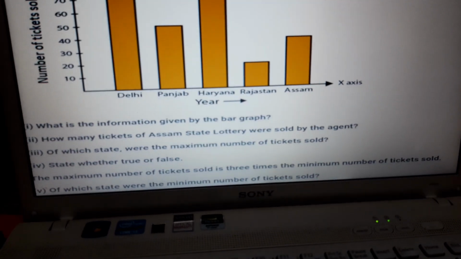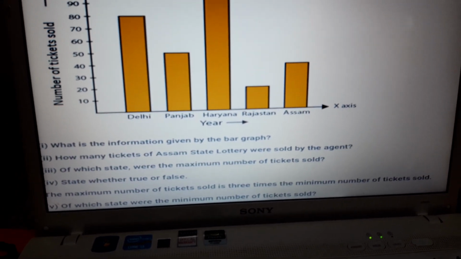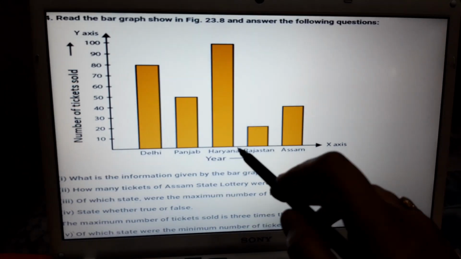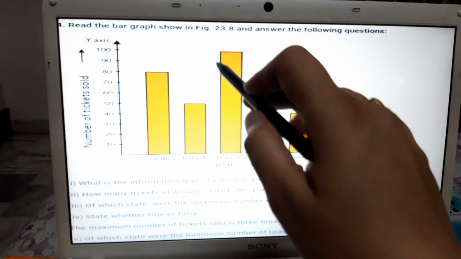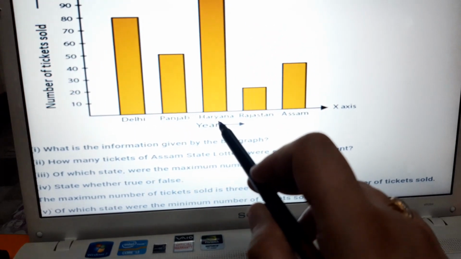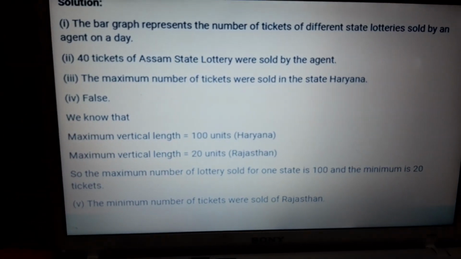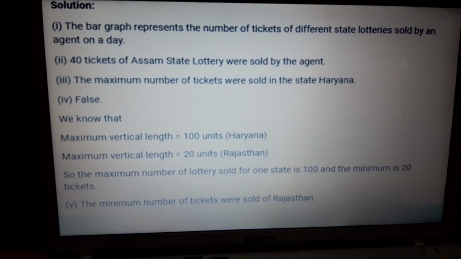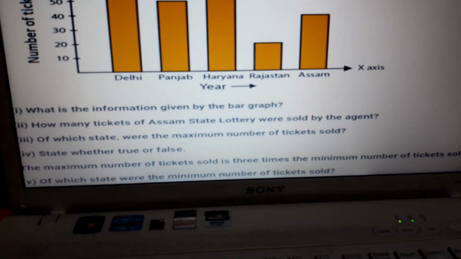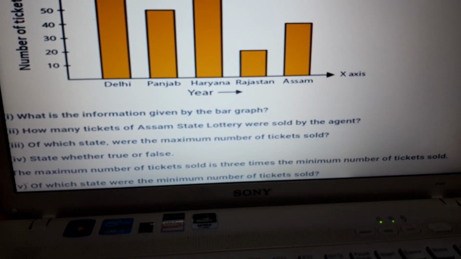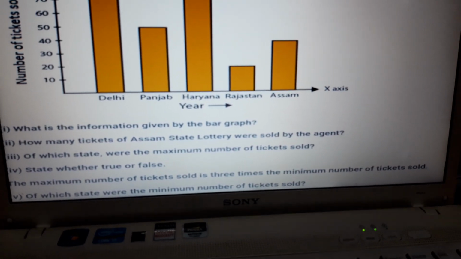Next is, of which state were the maximum number of tickets sold? Maximum means the highest frequency. That is, this is for the city Haryana. So the maximum number of tickets were sold in the state of Haryana. Next, state whether true or false. The maximum number of tickets sold is 3 times the minimum number of tickets sold.